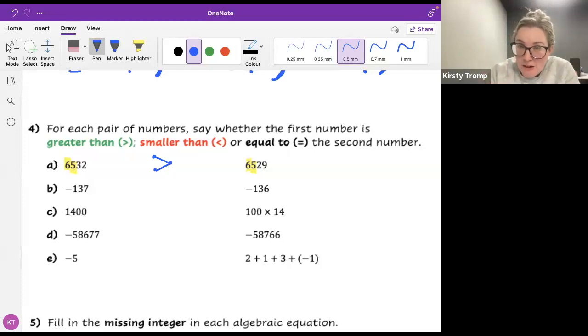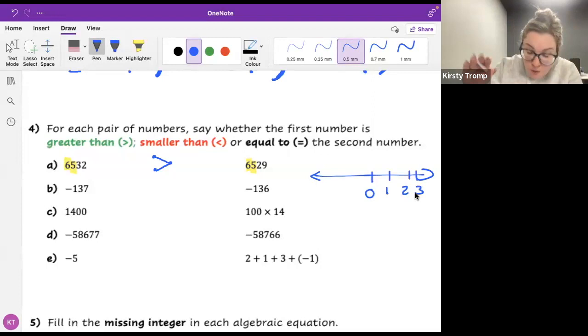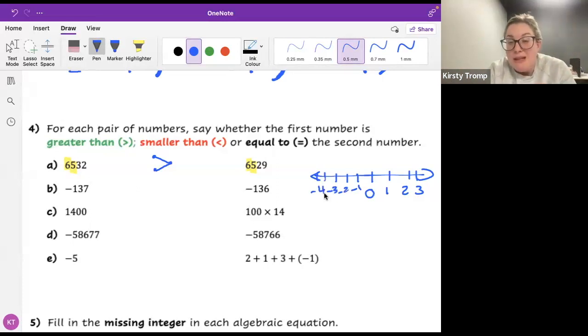Let's have a look. If we're looking at negative numbers, what do we know about them? The positive numbers go 1, 2, 3, 4, 5, 6, 7, 8, 9, up to 135, 136, 137. So positive 137 is greater than positive 136, and I completely agree with you there. But the negative numbers work in the opposite way. The number that's closest to 0 is going to be the bigger number.